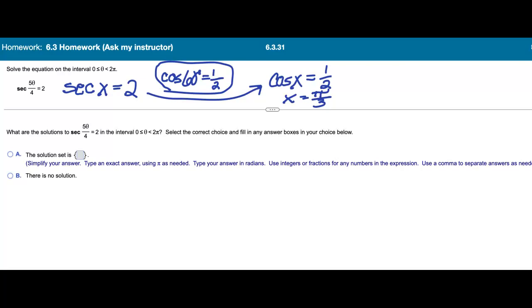Now, I also know that cosine is positive in 2 quadrants, the first quadrant and the fourth quadrant. So using that pi over 3 as a reference angle, in the fourth quadrant, this is going to be true for subtracting 1/3 from 2 pi. That gives me 5 pi over 3.